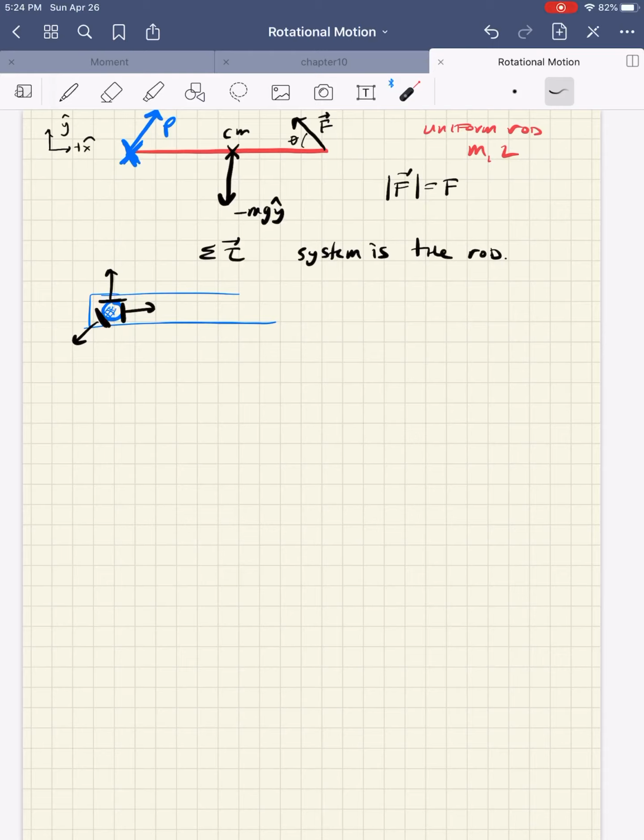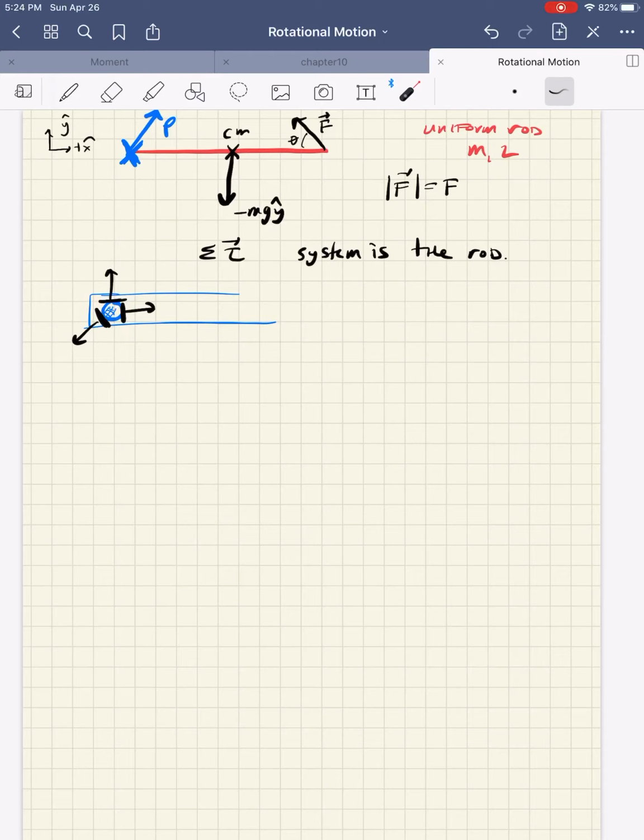All right, so let's say there's some kind of pinning force there, and I want to find the sum of torques acting on the system. My system is the rod, and the idea is if torques are given by r cross F, for every single force there is a torque. So I look at my system and ask how many forces act on it. Well, there's 3.